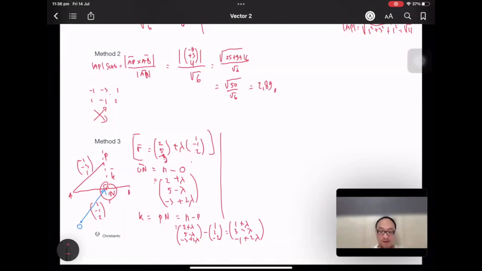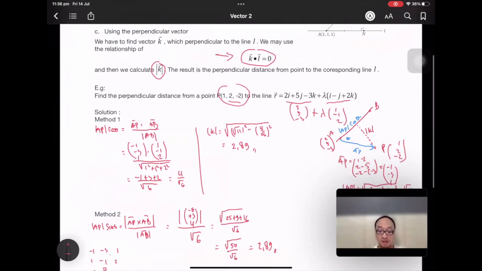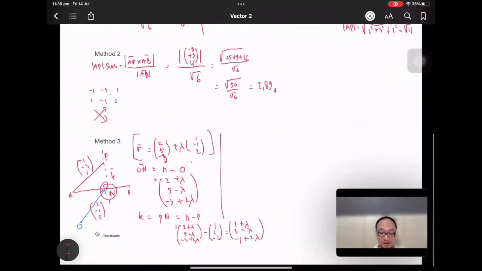So if we use the relationship of the perpendicular vectors, k dot L equals to 0. So k is 1 plus lambda, 3 minus lambda, negative 1 plus 2 lambda, dot L. L is the direction vector of the line, 1, negative 1, 2, equals to 0.